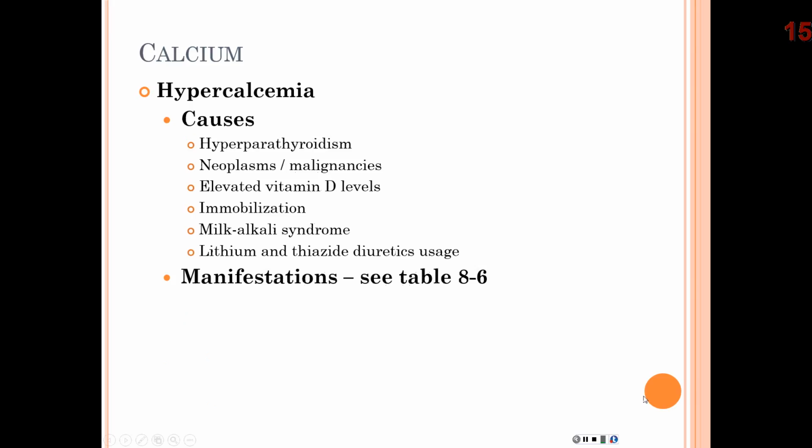Okay, with hypercalcemia, this one tends to be more of a lifestyle or a disease process per se. In other words, hyperparathyroidism is usually something that's happening if there's a tumor in the parathyroid gland.